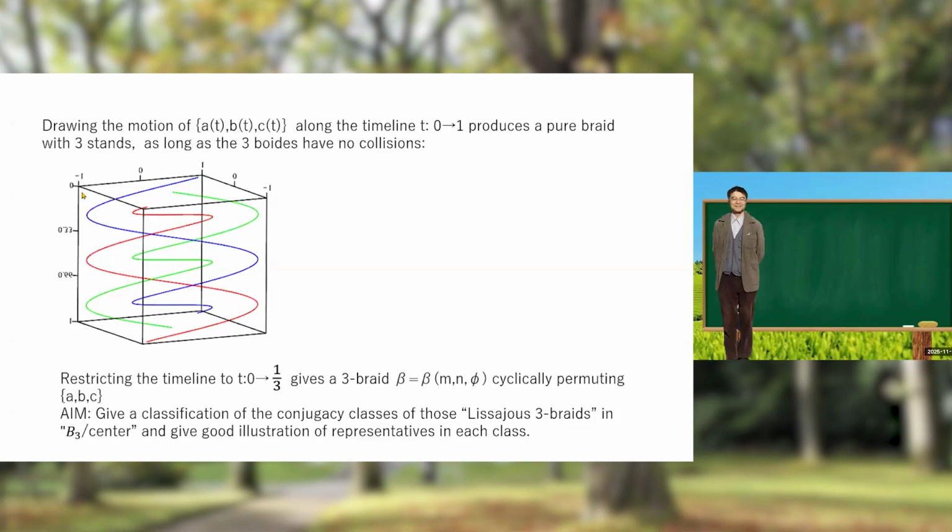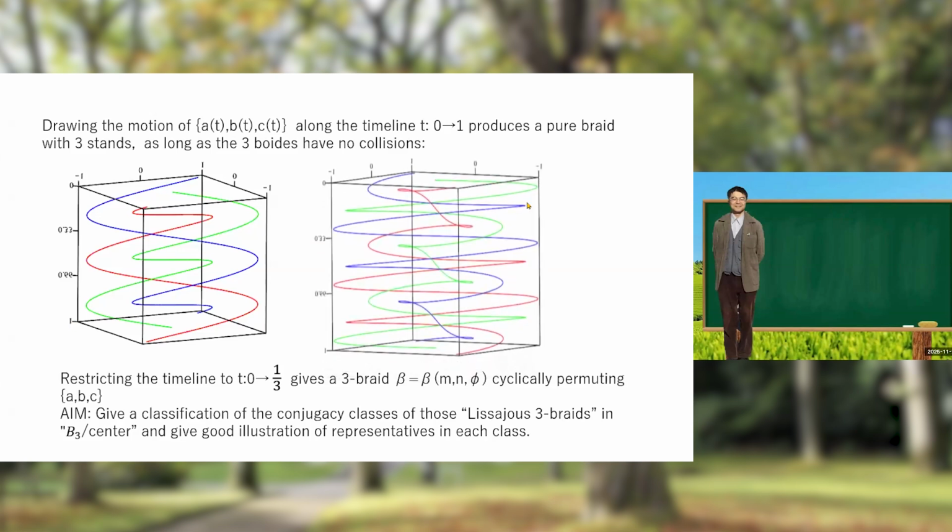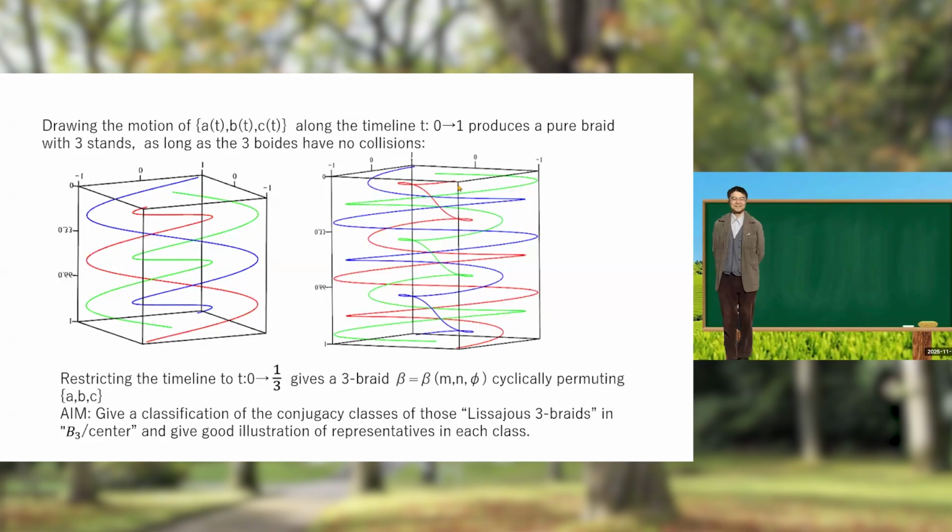I like to read the braid from top to bottom, so the vertical coordinate goes from the top to the bottom. Another one looks like this. So if the 3 bodies don't have collisions, then they produce a braid of 3 strands.